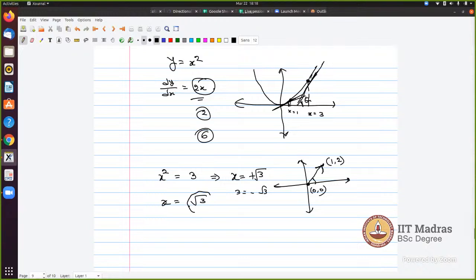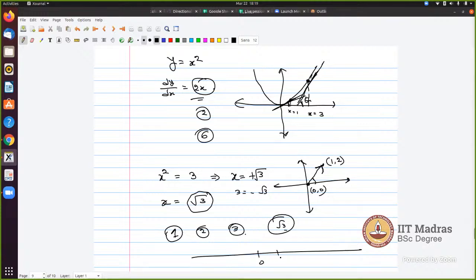Plus minus 3 are both real numbers. These are all symbols by which we understand some number. On the real line, this is 0, 1, 2, here somewhere is root 3, and here it is minus root 3. So when we say just root 3, this is a positive number, and minus root 3 is a negative number.